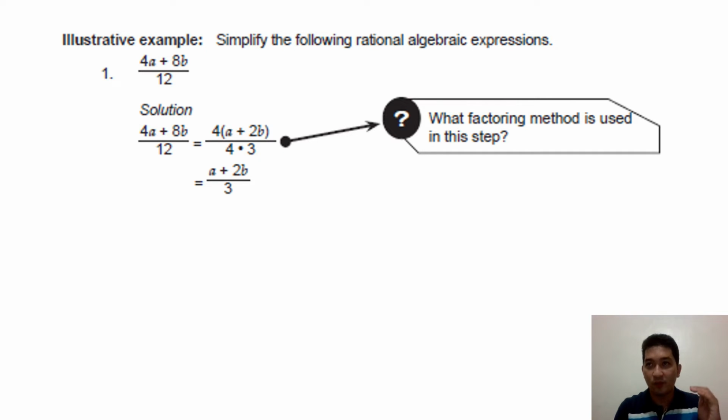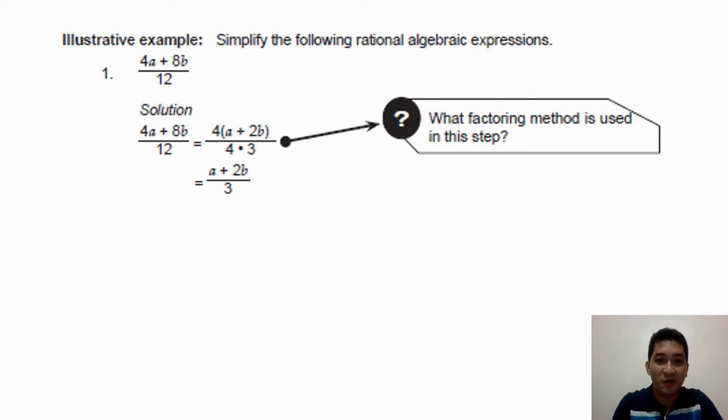Kung nilo-lowest term natin ang fraction, ganun din sa rational algebraic expression. I want you to treat rational algebraic expression as just a fraction, pero merong variables, merong letter. So paano ba tayo naglo-lowest term sa rational algebraic expression? And that's through simplifying rational algebraic expression.